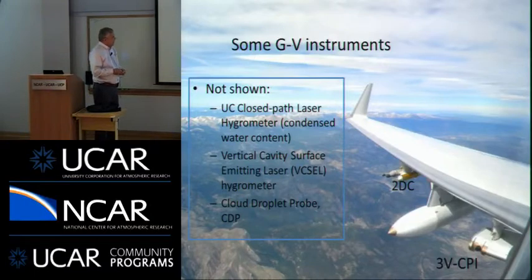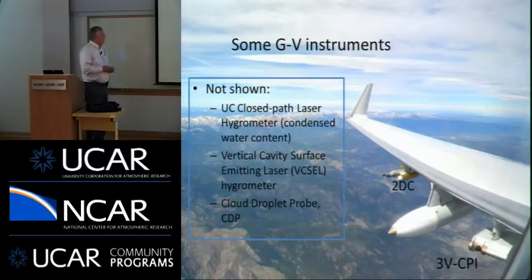A more recent instrument for us is the 3V CPI, a cloud particle imager, first introduced about 1998, which gives about a 2.3 micron resolution. So we have an order of magnitude better resolution, which is critical for understanding the morphology.